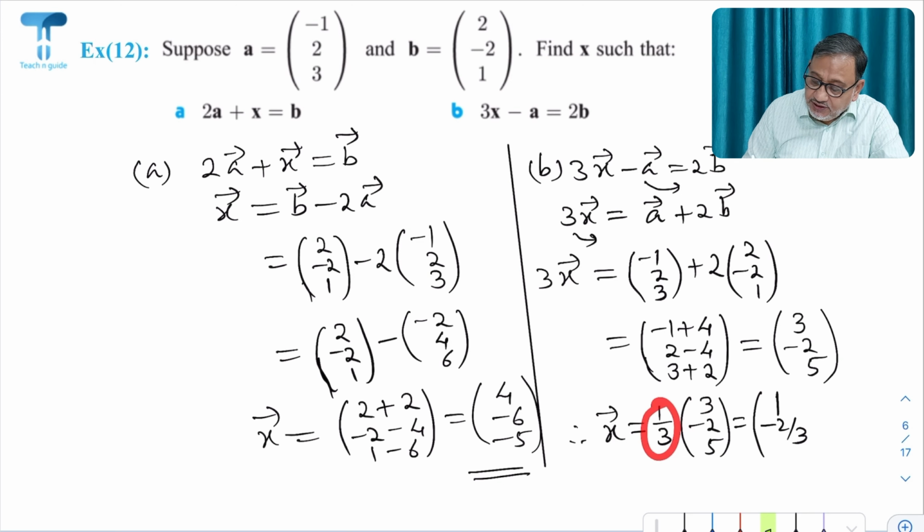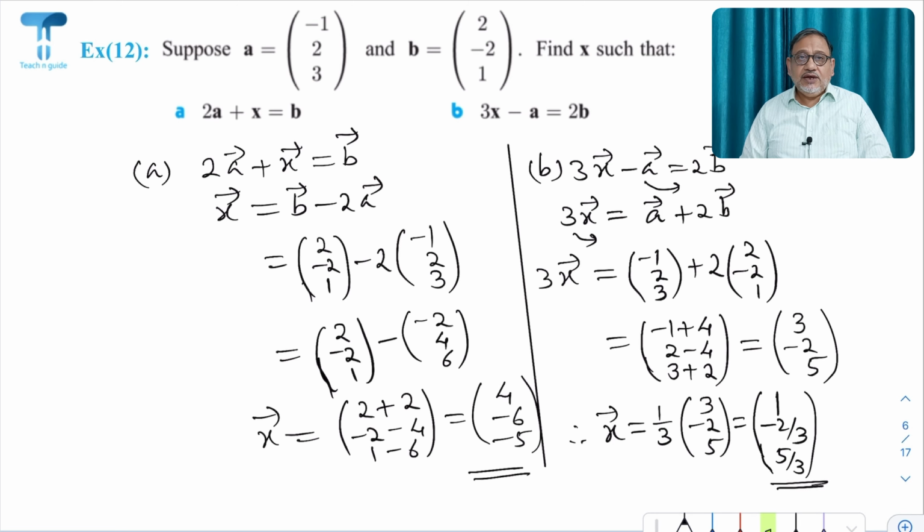And 1 by 3 into 5 will give me 5 by 3, right? So this is the answer for vector X. So what we have learned is that addition and subtraction of vectors will give us a vector. The resultant will be a vector. It will not be a real number or anything like that. Okay. Then the third one, also I will solve the third one.